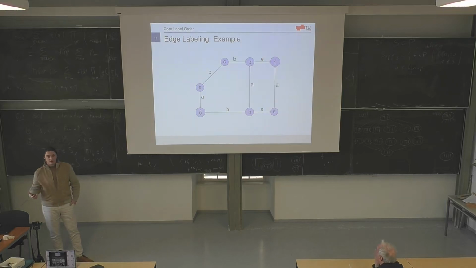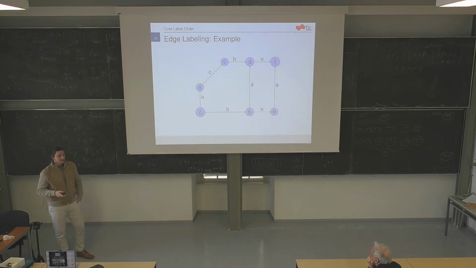So here's an example of this edge labeling, and that's a nice example for me because this one is not a Tamari lattice, but it is a semi-distributive lattice. So we can do this edge labeling. For the join irreducible ones, the edge is labeled by the join irreducible element.